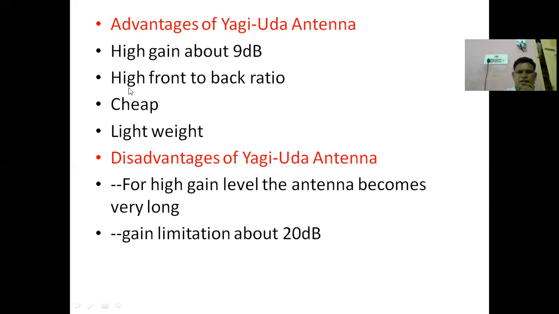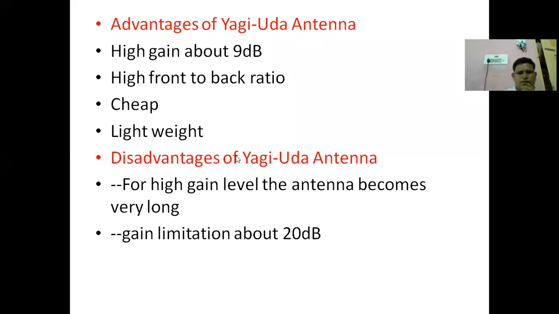The construction of this antenna is very cheap. It requires a very small amount of material for designing, and it is also very lightweight. It is designed using aluminum foils, that's why the weight of this antenna is also very light. And there are some disadvantages also.